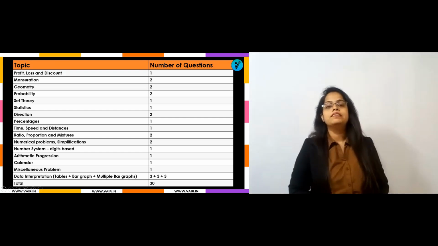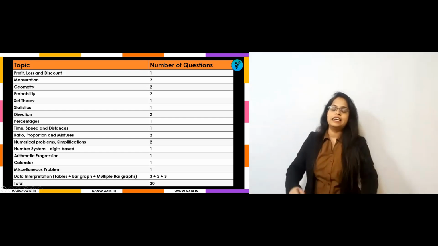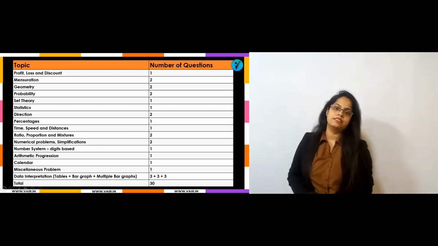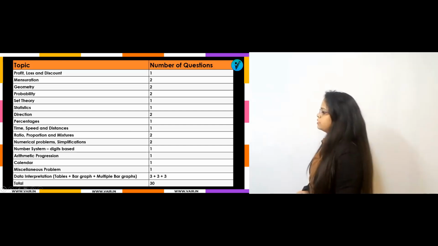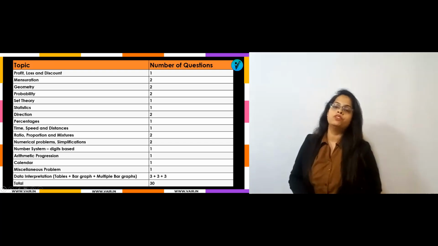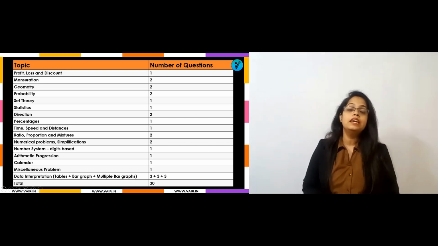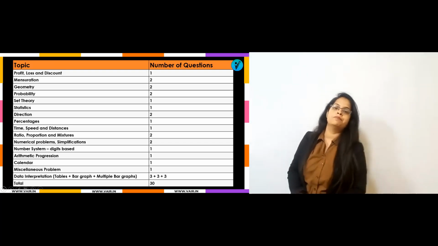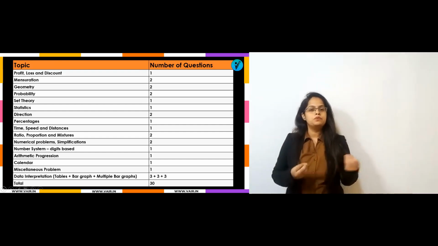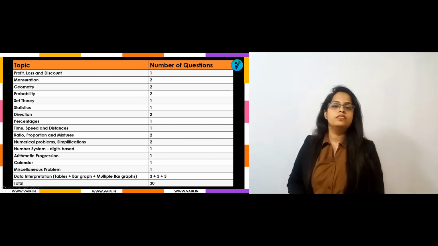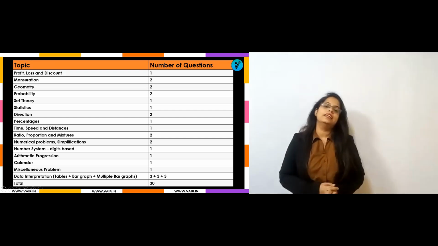In that 9 marks, there were 3 DI sets of 3 questions each, in which one consisted of a table, one was on a bar graph, and one was on the number of days in bar graphs. So this is the overall analysis of the paper.